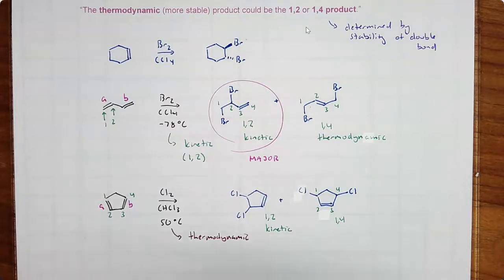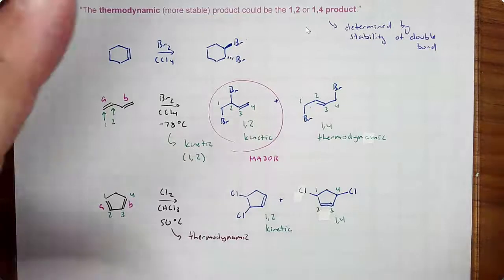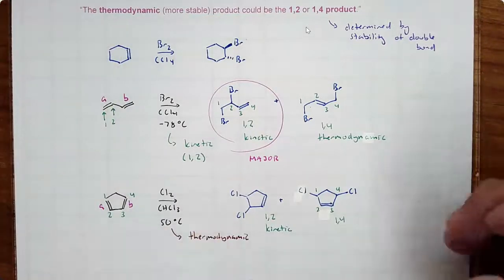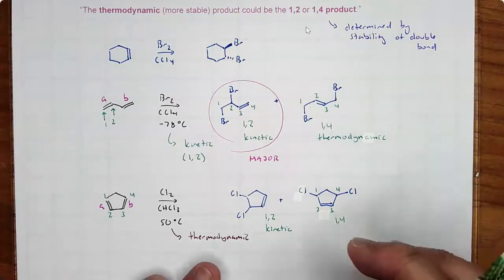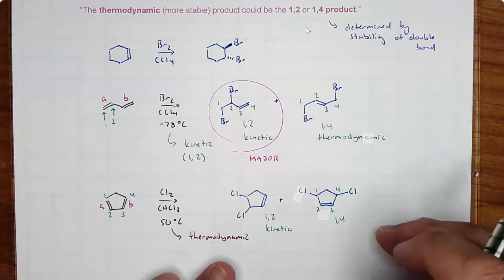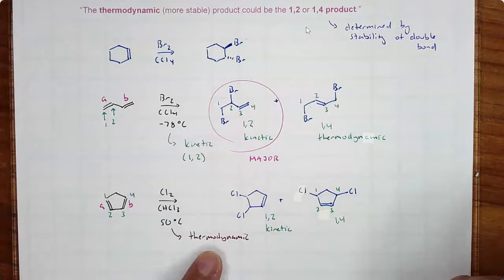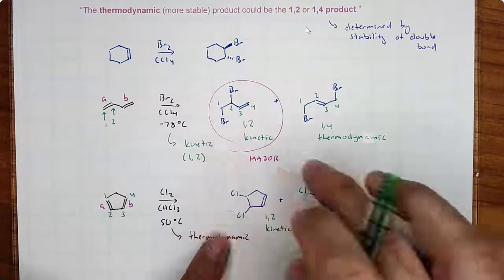The thermodynamic is based off of the stability of the double bond, but both of them are di-substituted. So if I gave this on an exam, I would give them an option to say, well, both of them are equally stable, so both of them could be considered the thermodynamic, and they would circle.